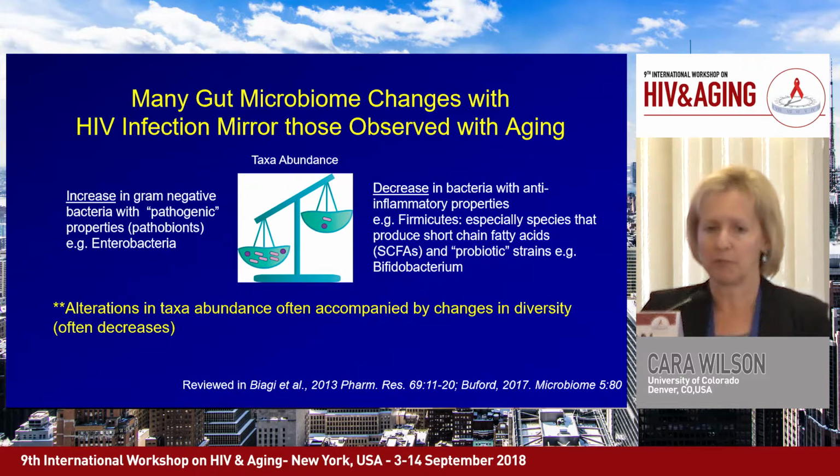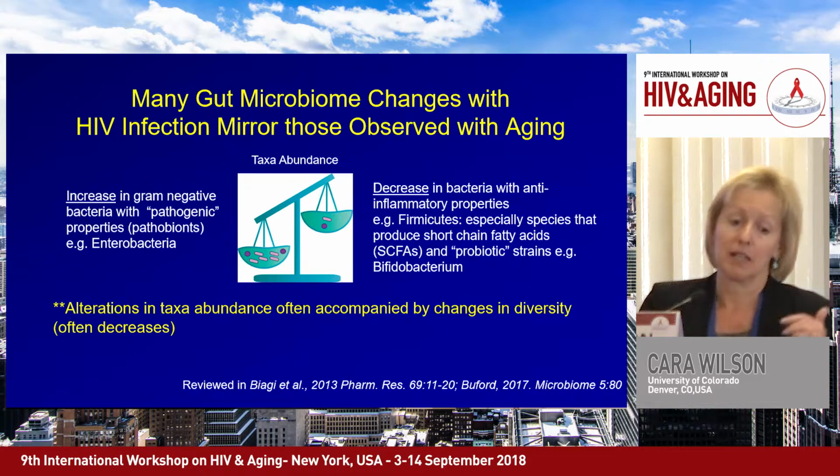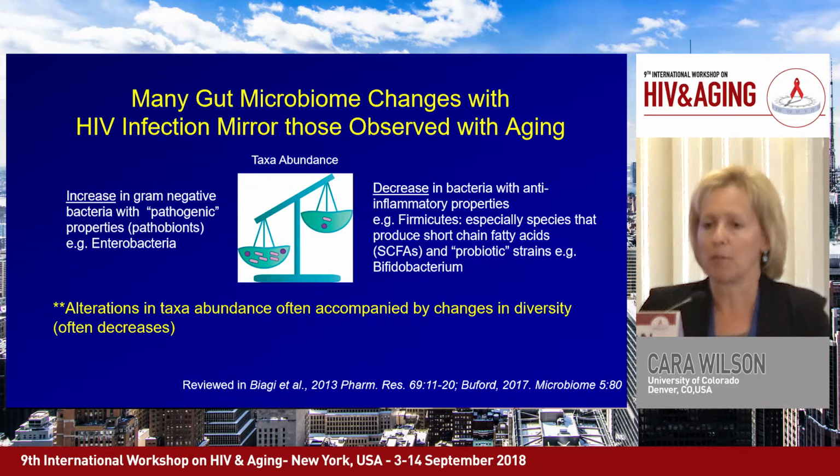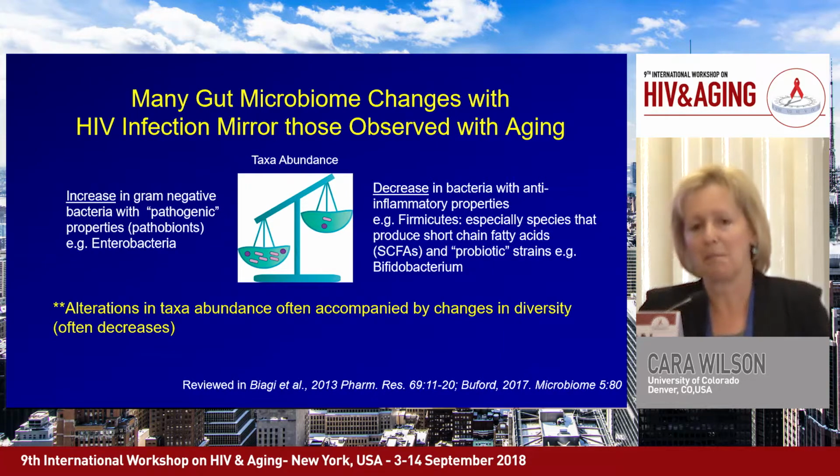Many of you will be familiar with some of these. We call them pathobionts. Enterobacteriaceae, things like E. coli and Enterobacter, for instance, if there are any ID physicians here. And then a decrease in bacteria concurrently that have anti-inflammatory properties or are considered healthy bacteria.